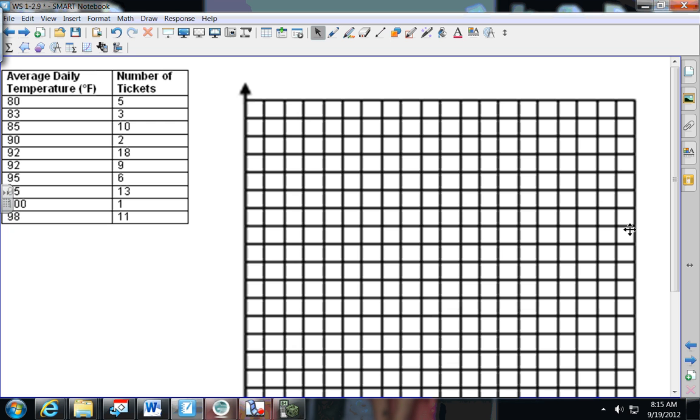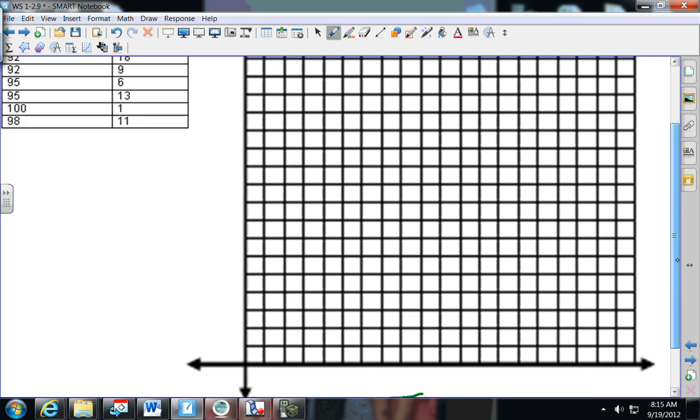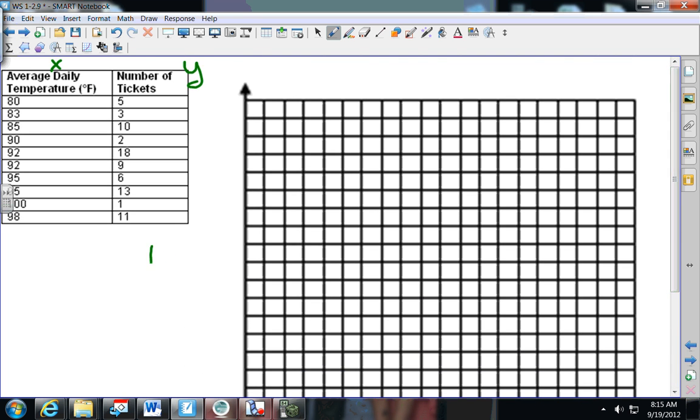Okay, so on this one, we have our X and we have our Y. So let's go on the graph here. My horizontal axis is my temperature. And the Y is going to be the number of tickets. Now, to figure out X minimum and X maximum, let's go to the X's.